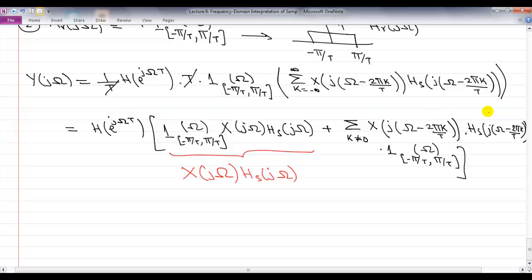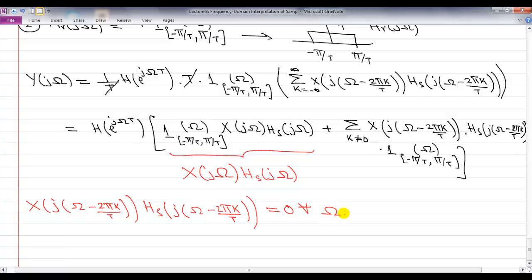But if we look at this expression, each term inside the summation is just X(j omega) Hs(j omega) shifted by a factor of 2 pi k over T, which means that X(j omega minus 2 pi k over T) times Hs(j omega minus 2 pi k over T) is exactly equal to 0 for all omega between minus pi by T and pi by T. So for k not equal to 0, these terms are 0 between minus pi by T and pi by T. But outside minus pi by T and pi by T, this indicator is 0.